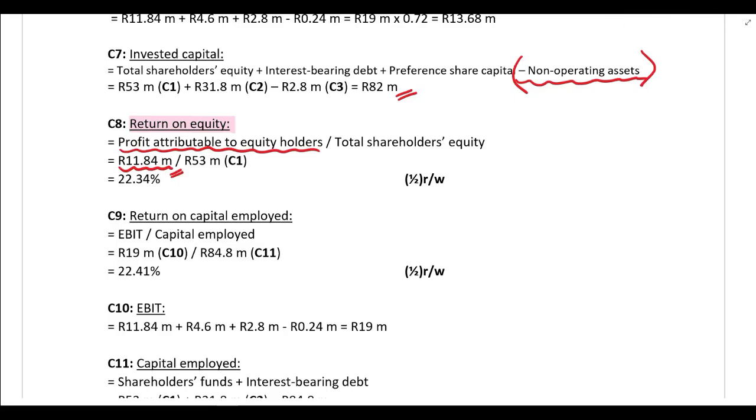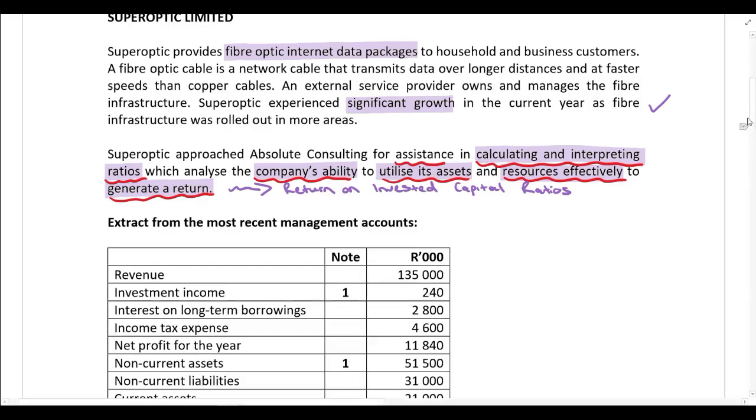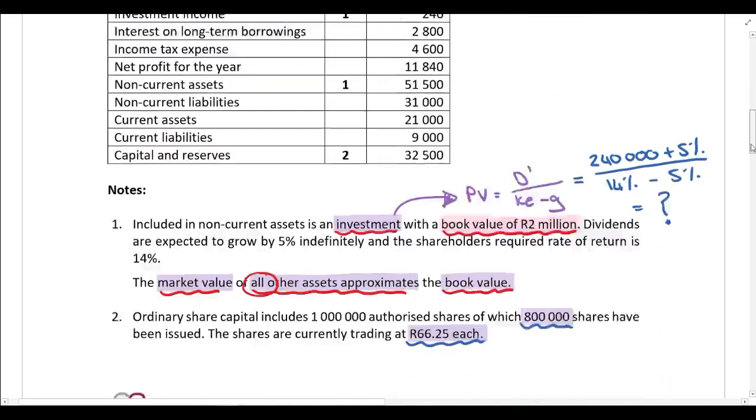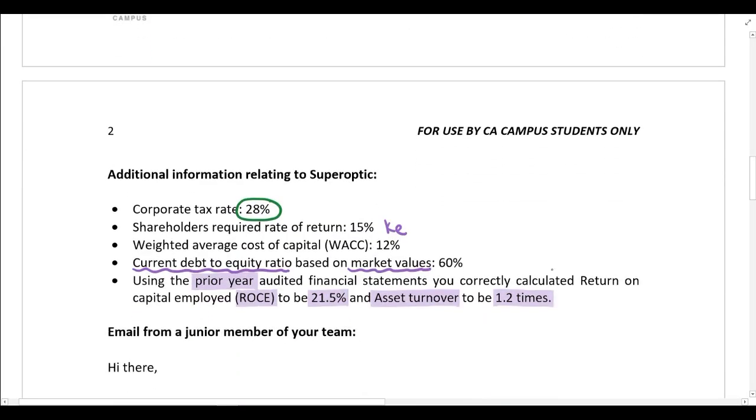So what we are comparing over here is whether the company is using shareholders' equity effectively to generate returns for those shareholders. So if we want to know what we should be benchmarking this to, if you go back to the information provided in the scenario, you were given the shareholders' required rate of return for SuperOptic.